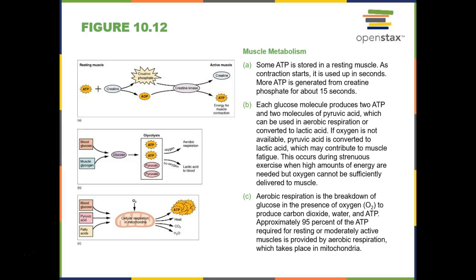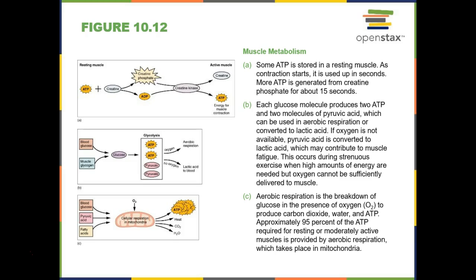In general, we have 3 different types of muscle fibers, and any given muscle will have a mixture of all 3 types within that muscle, but there's typically one type that is the most common. There are 3 ways that we produce energy.